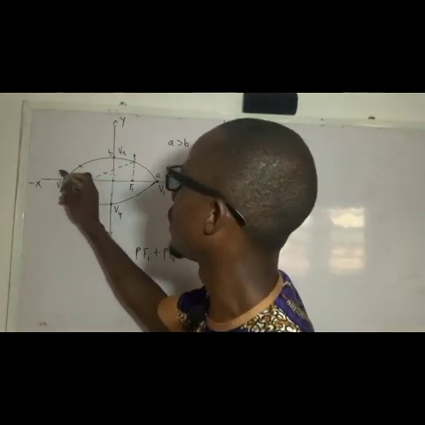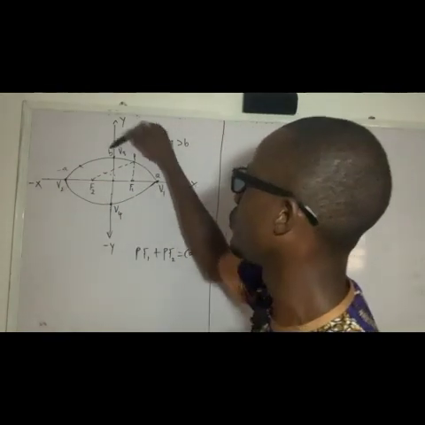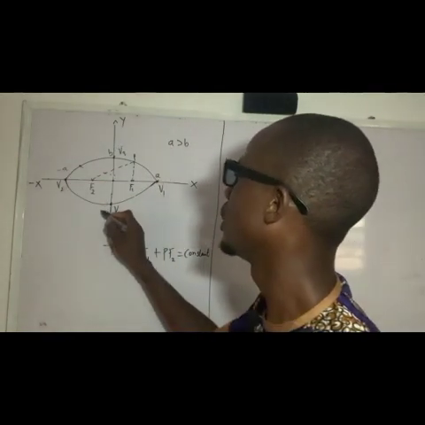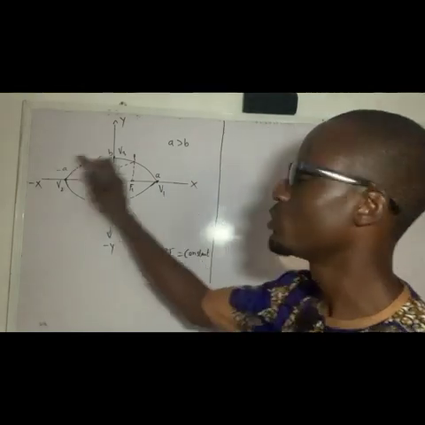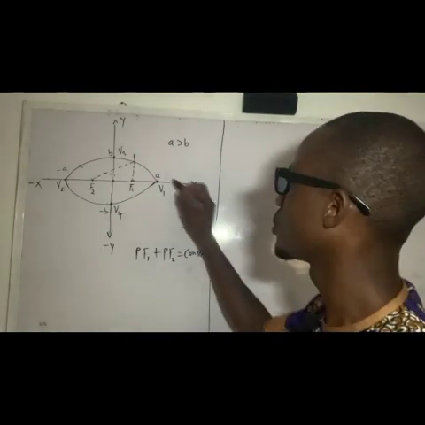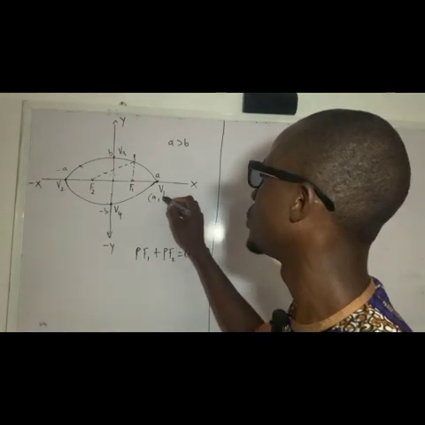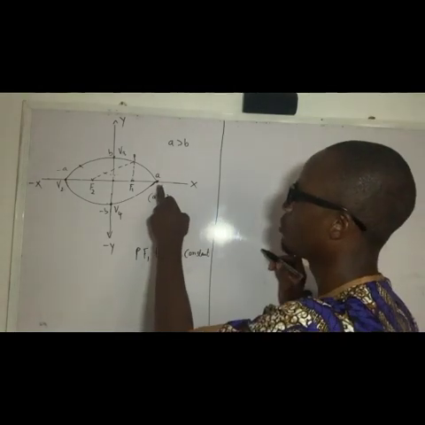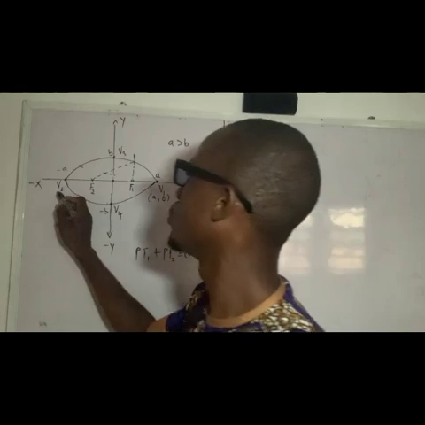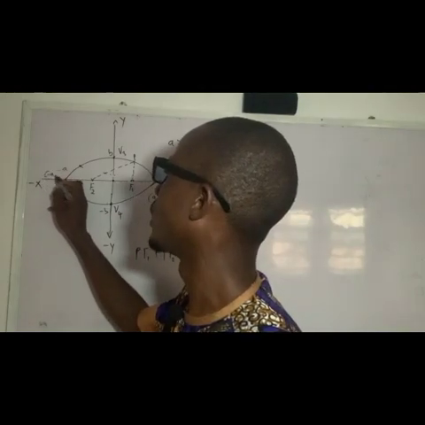So this is negative A, this is positive A, this is positive B and negative B. So each position has its coordinates. Just like A, we have a coordinate A and 0, because no value on Y but A on X. So this would be negative A and 0.